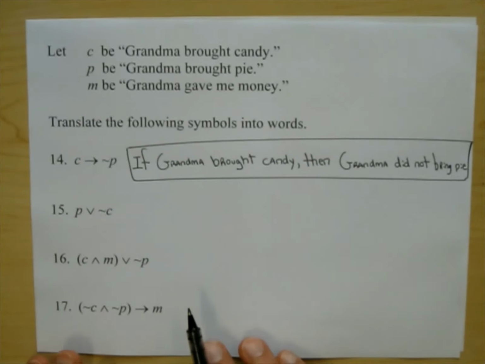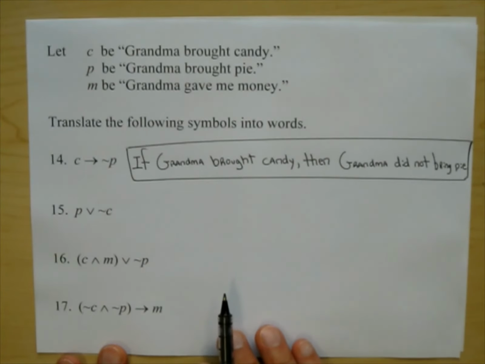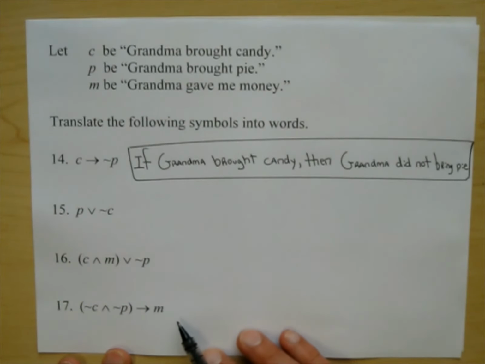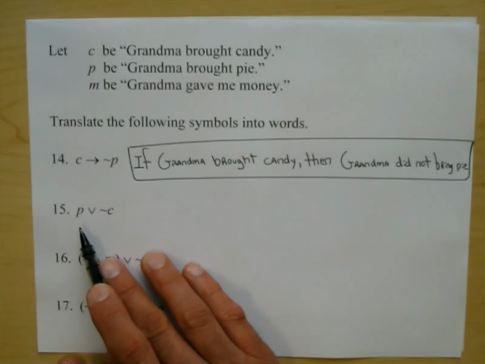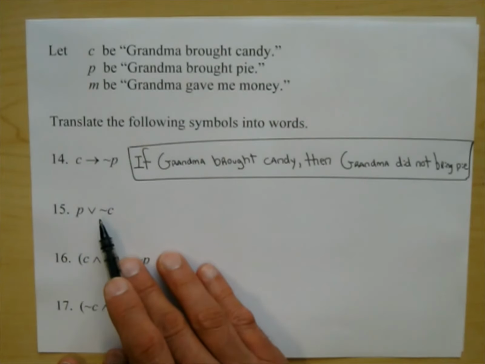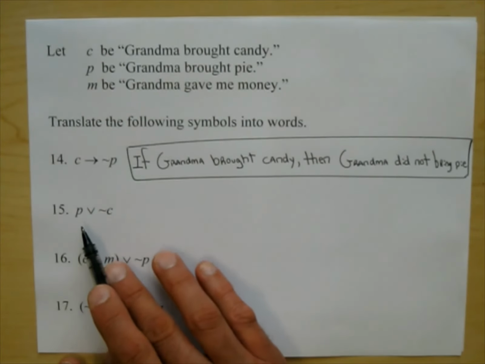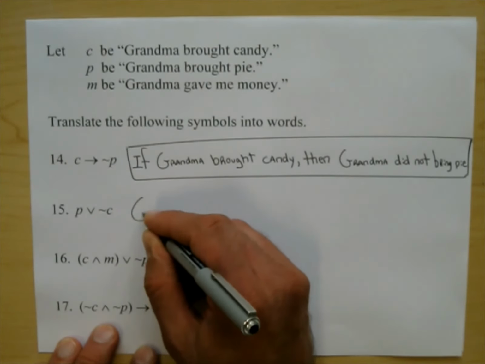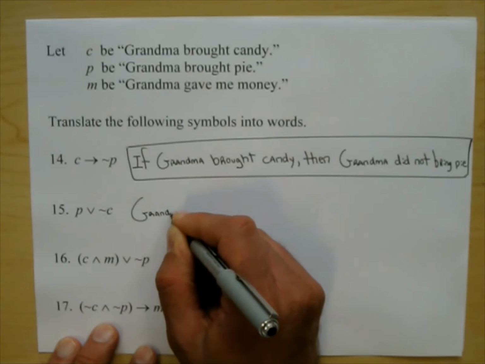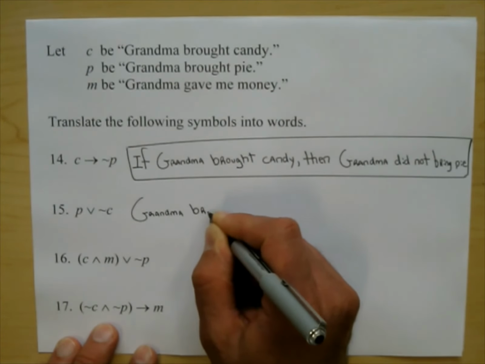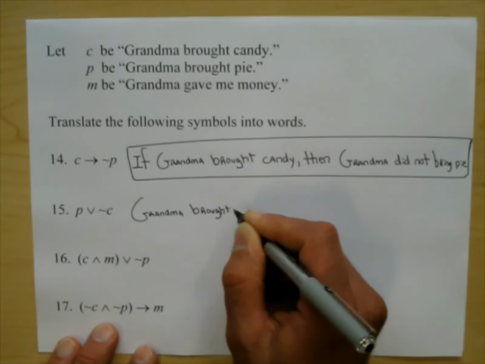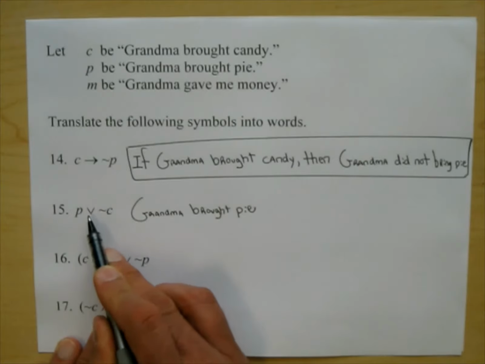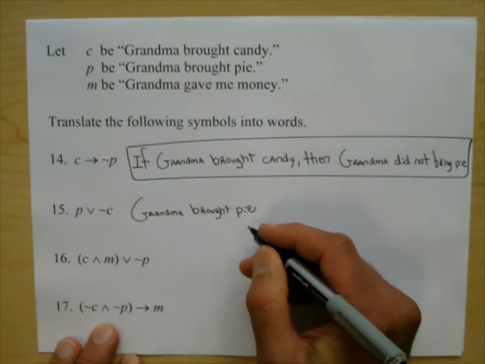And anytime, if you're actually watching this and you did not do your review, anytime you can pause this and do the ones that you see here. Okay, this one right here. This is a P or not C. So let's start off with statement P, which is Grandma brought pie. That's that statement, statement P. Then we have this right here, which is an or.